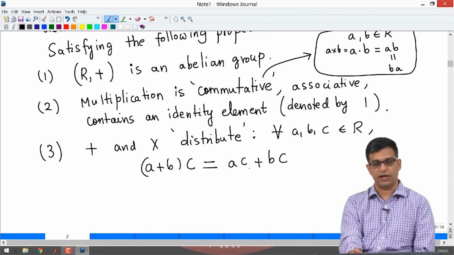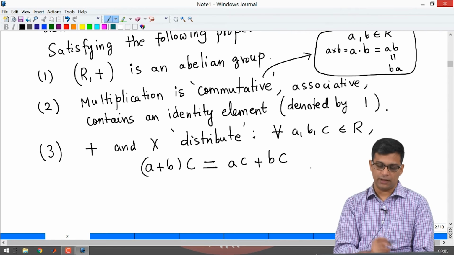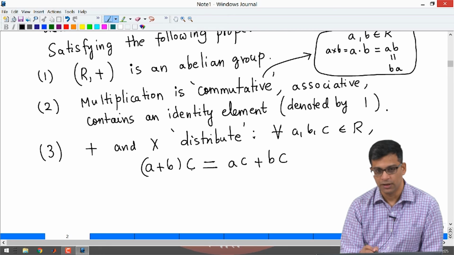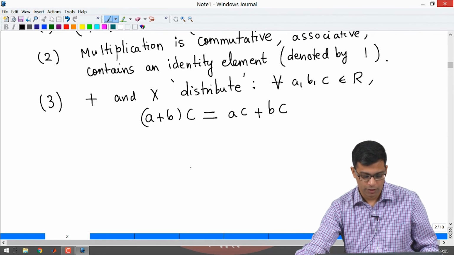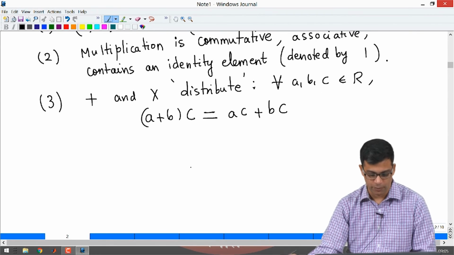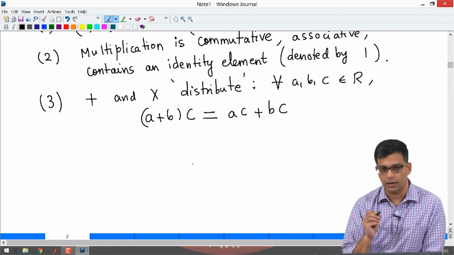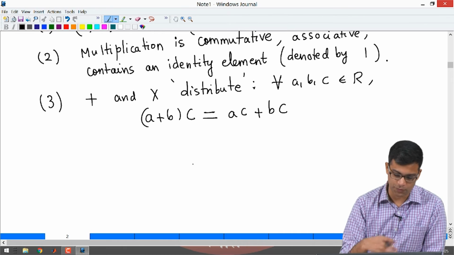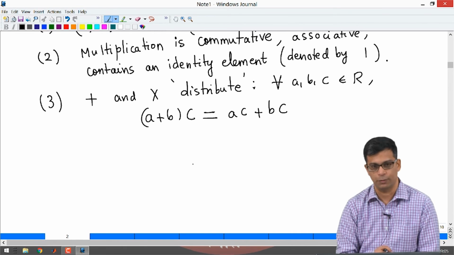That means you first multiply A and C, similarly multiply B and C, and add the results. This is a property that is obvious for integers, real numbers, rational numbers, and complex numbers that you have seen, but it is something that we must demand in a ring. It is possible that we can construct operations which have all the properties, but not the distributive property.